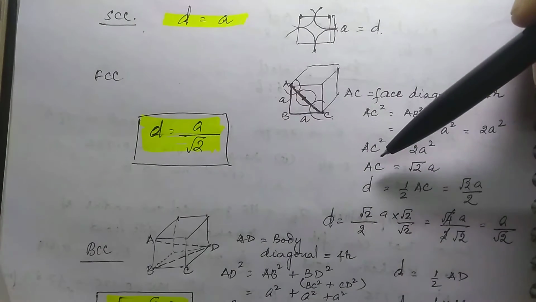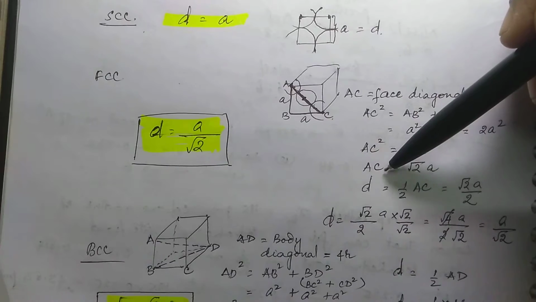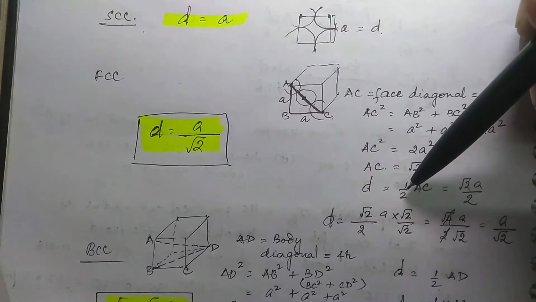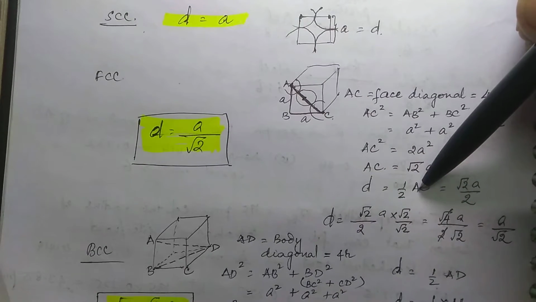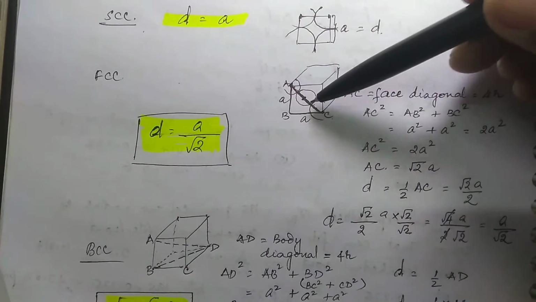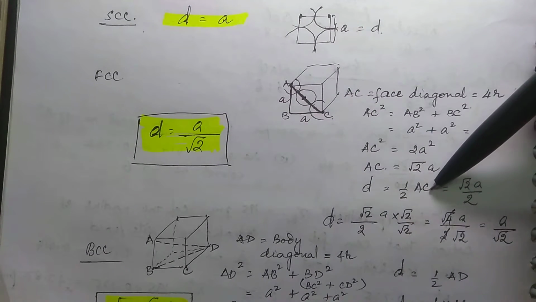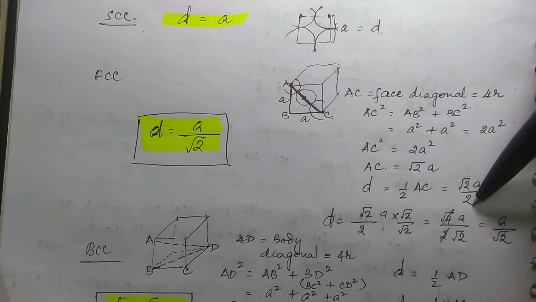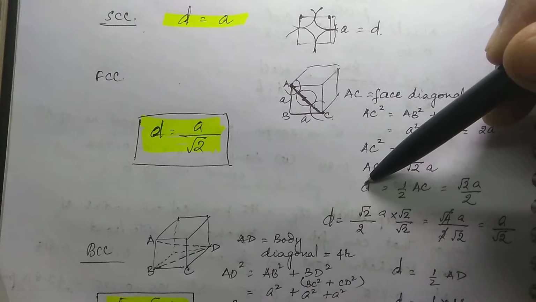So whatever you find out as AC, उसका आधा है nearest neighbor distance. So D is equal to half of AC, right? समझ आ गई? ठीक है, तो AC क्या है हमारा? √2A. So √2A upon 2 will give you nearest neighbor distance.